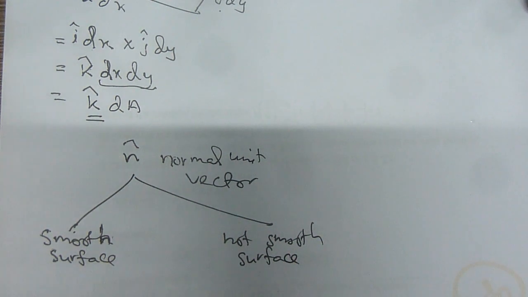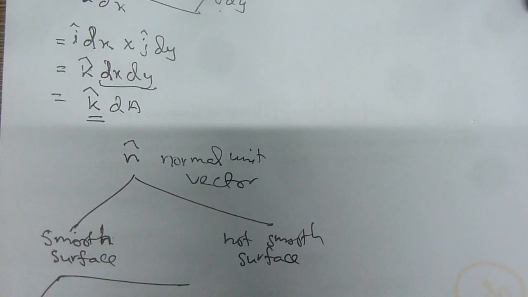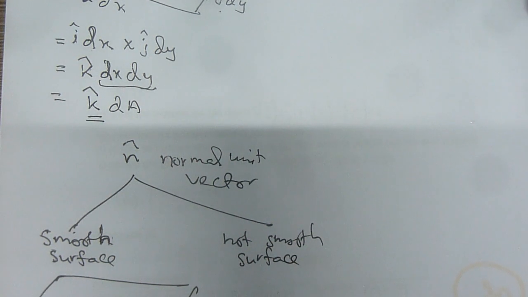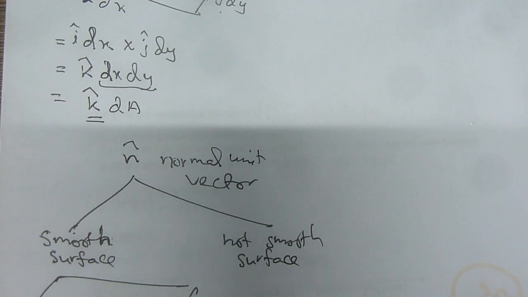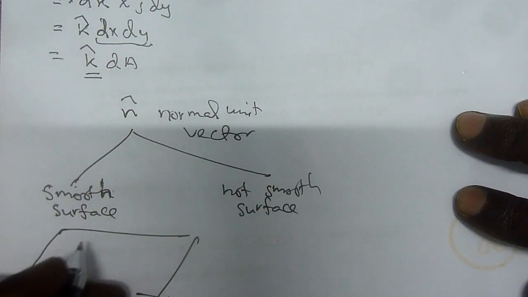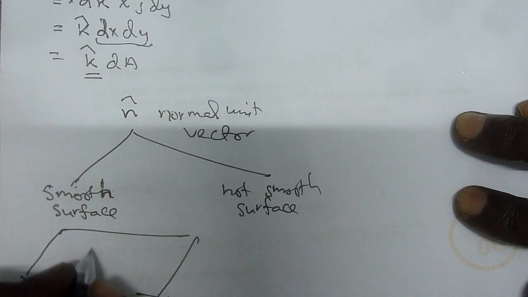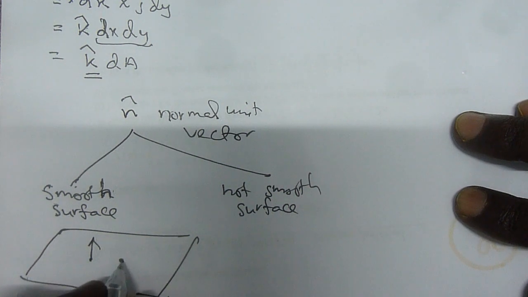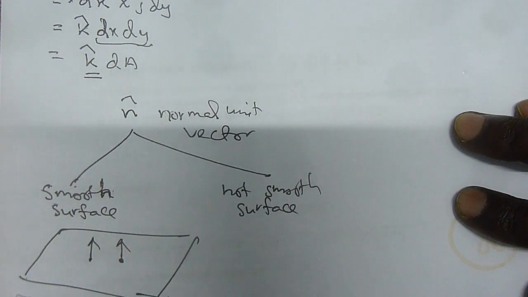For your understanding, I will sketch for you what I mean by smooth surface and what I mean by not smooth surface. How do we identify the smooth surface? The smooth surface can be defined as something where, when you check the normal here, you can see the normal never changes.